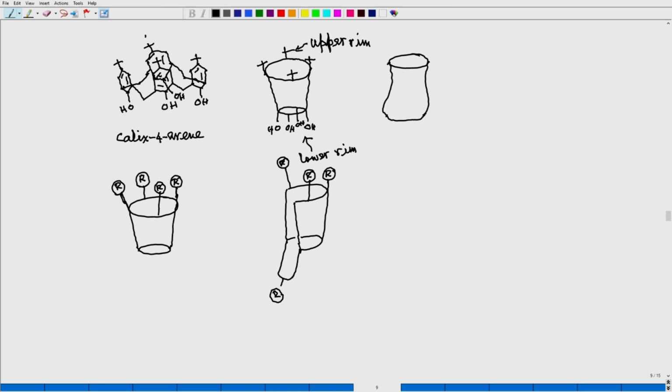It can be that, or it can be what is called 1-2 alternate. I am writing 1-2 alternate. Let me write. Okay.